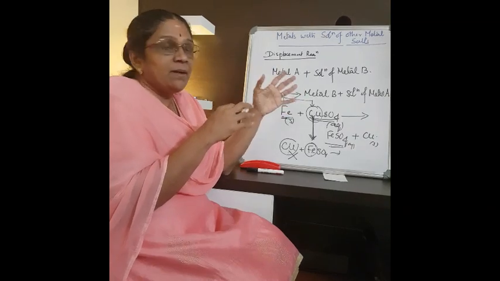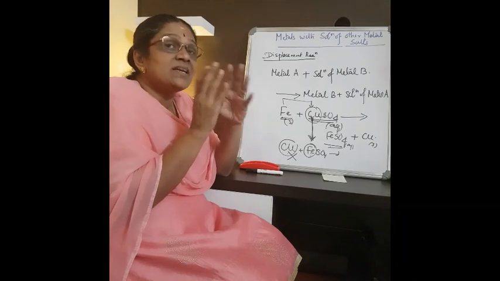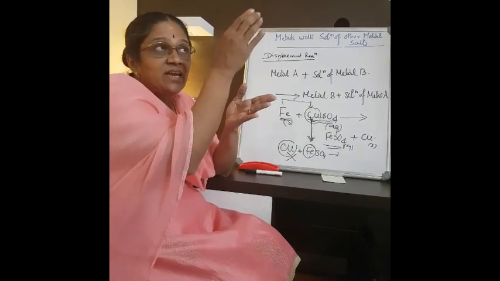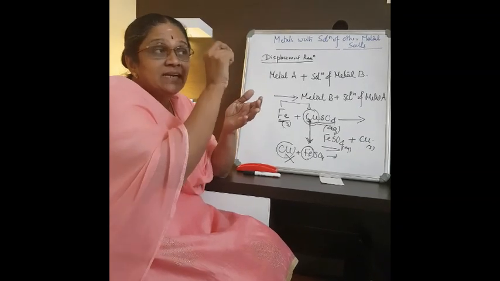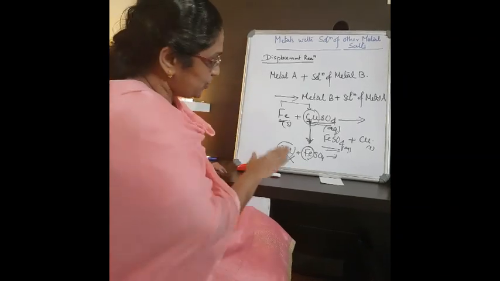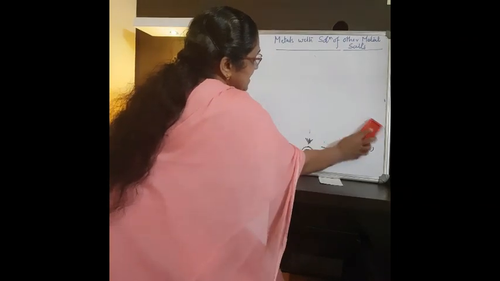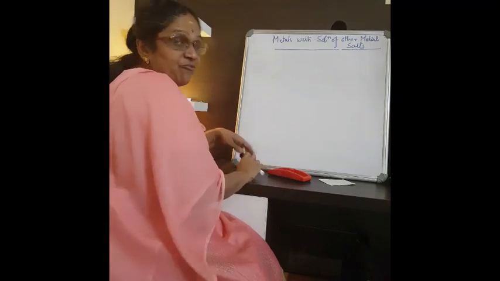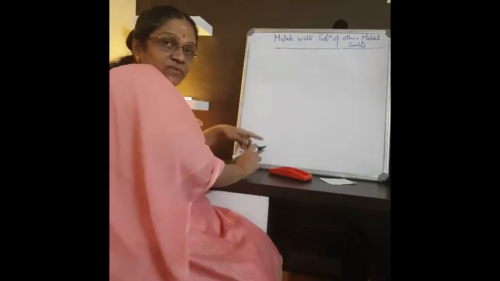So then the reactivity series comes into the task. So what is the reactivity series or activity series simply? It is a range of elements or metals according to the decreasing order of their reactivity. Today I will once more write that series.